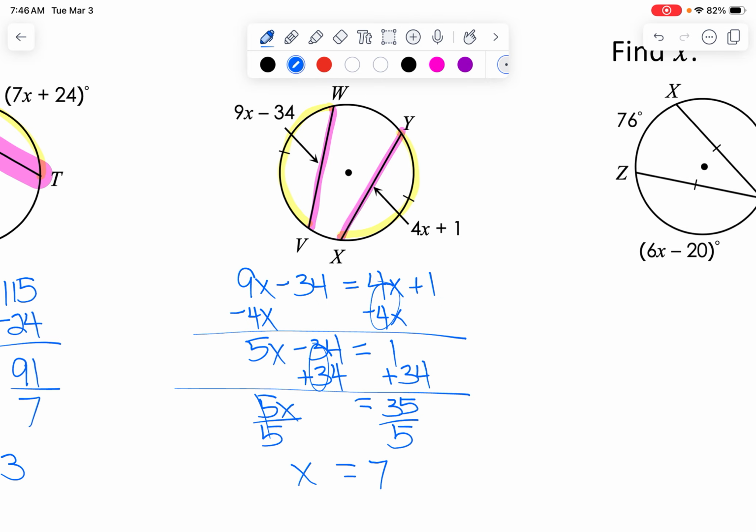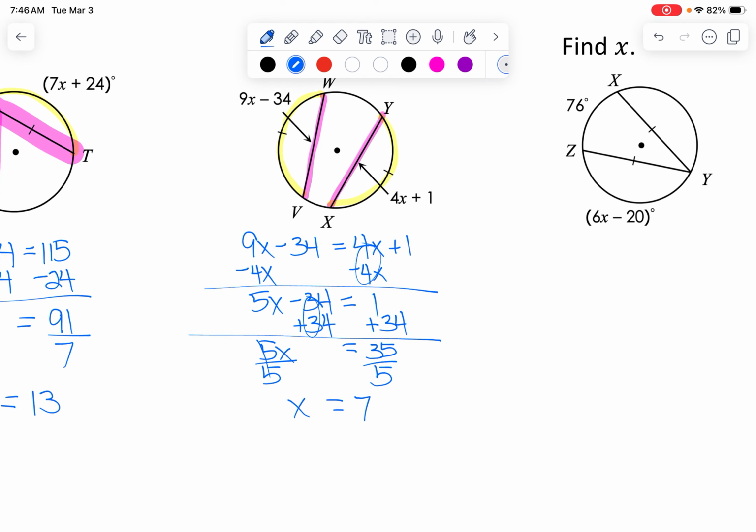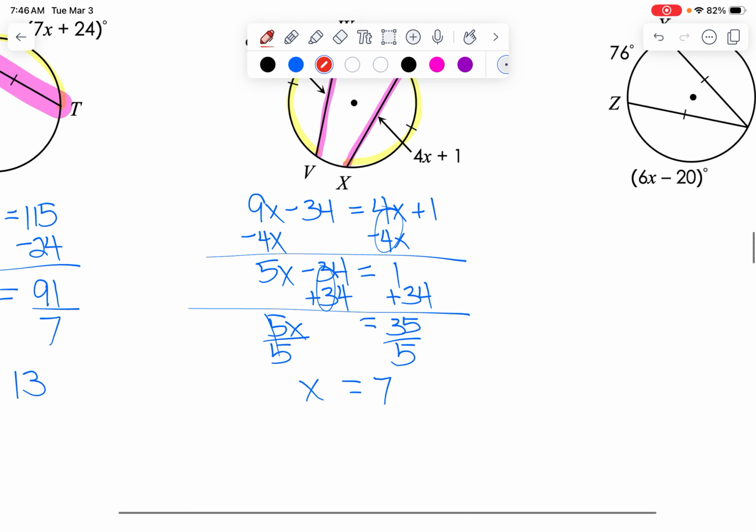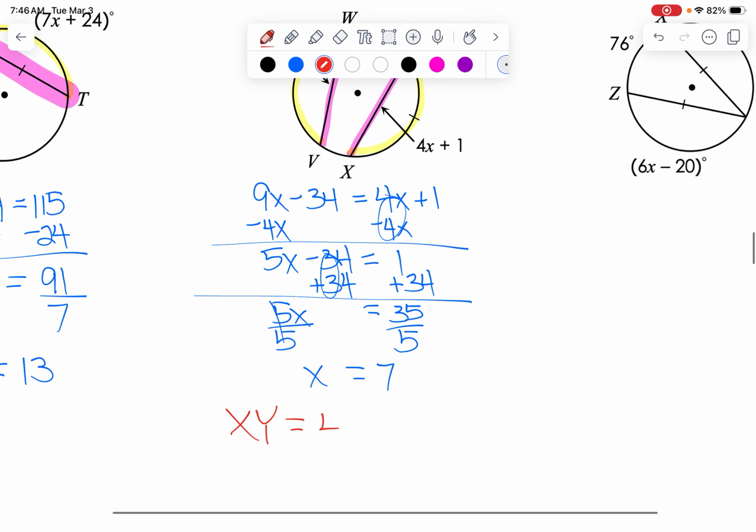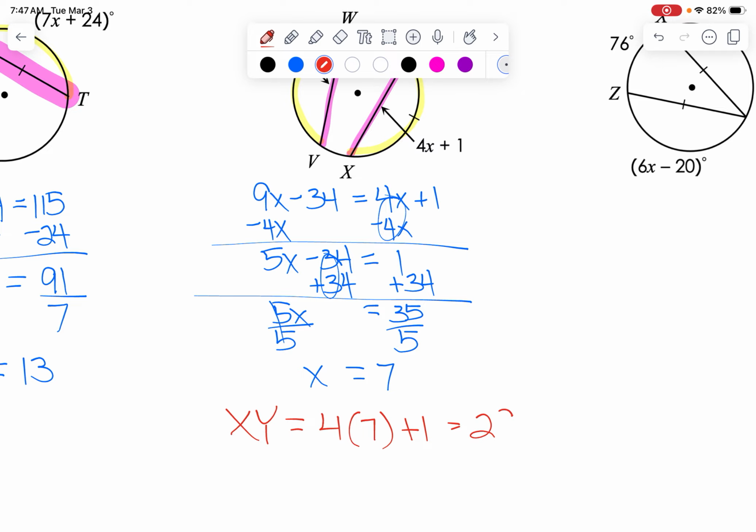Okay, so we get x equals 7, but it asks for the length of XY. So now we want to apply that. So XY is 4x plus 1. So we're going to say 4 times 7 plus 1, which is 28 plus 1. So the length of XY is 29.